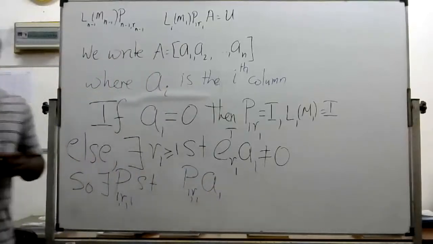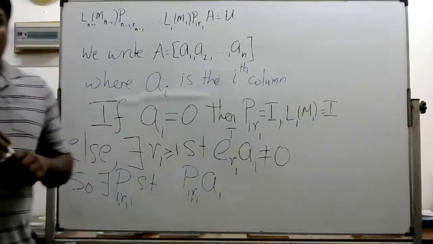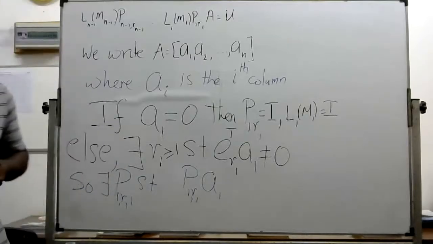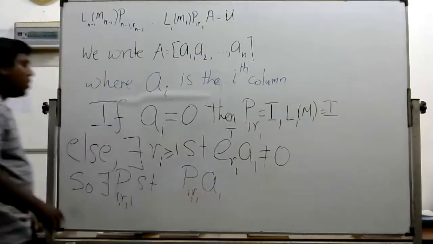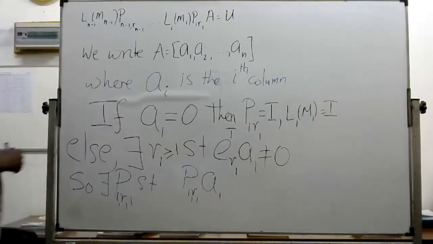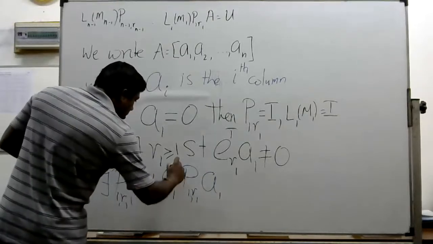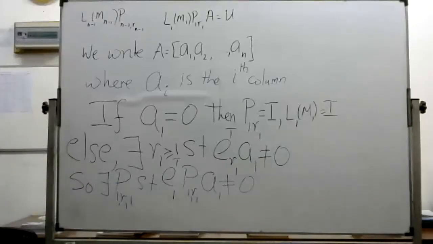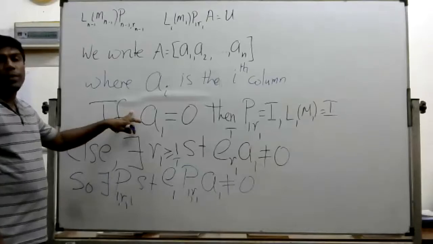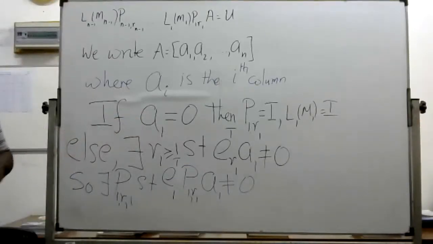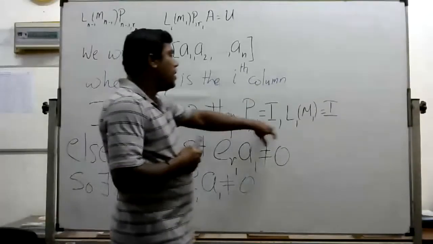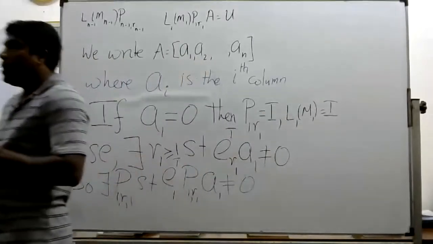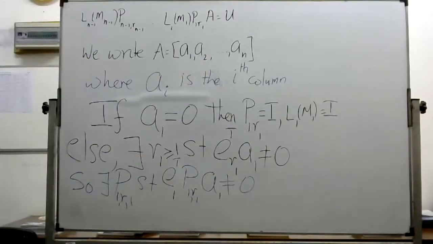So when you multiply the first column by the elementary permutation matrix, its first component is non-zero, right? If the first column is all zero, you don't need to do anything, so you can just pick the permutation matrix and the lower triangular matrix as identity matrices.